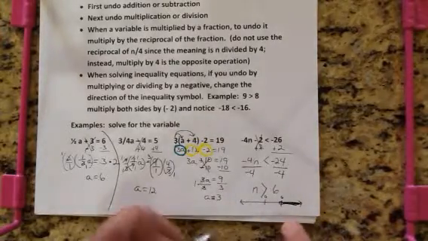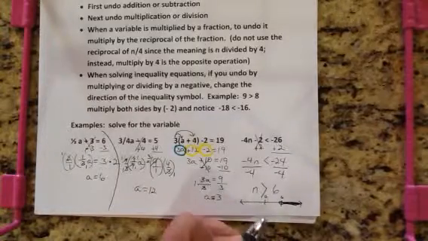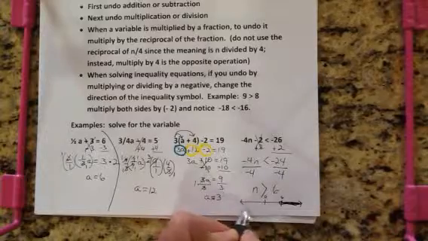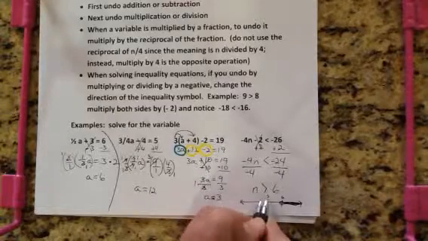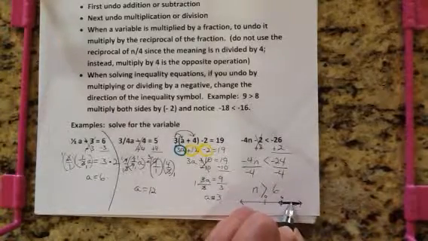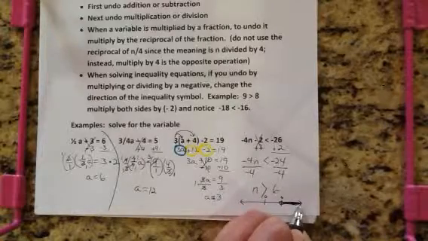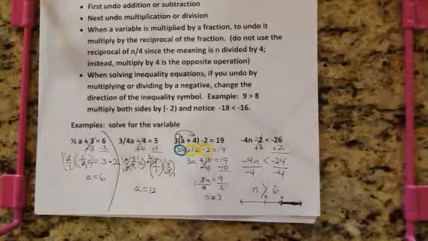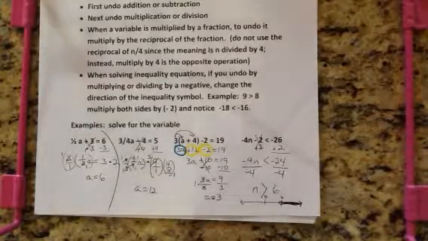Okay, so if you're asked, is 5 a part of the solution set? No, because it's less than 6. So we want everything greater. Is 7 a part of the solution set? Yes. Is 8? Yes. Okay. And that's examples of solving equations.